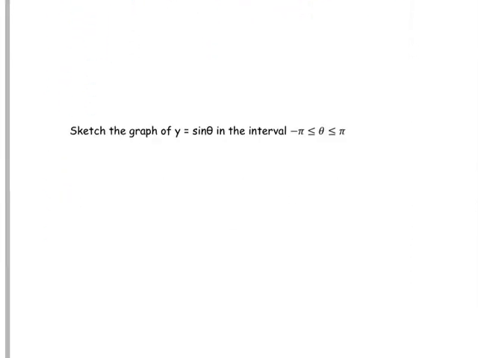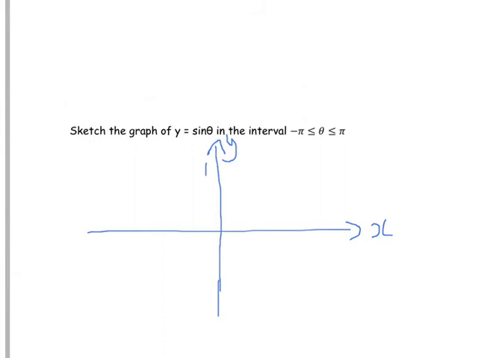we could be asked to just sketch a curve, so we're asked to sketch y equals sine theta here between minus pi and pi. So just quickly set yourself an axis up, y, there's your x-axis. Now remember that sine theta goes between 1 and -1. Here is minus pi, here is pi.